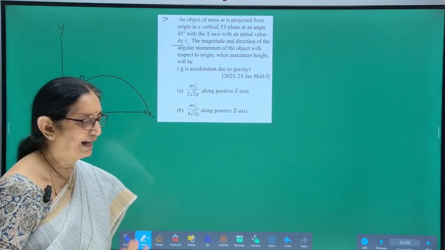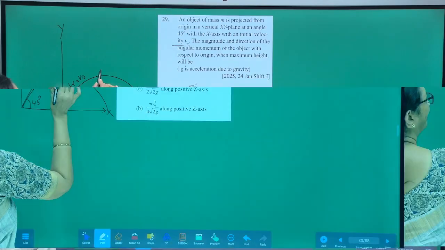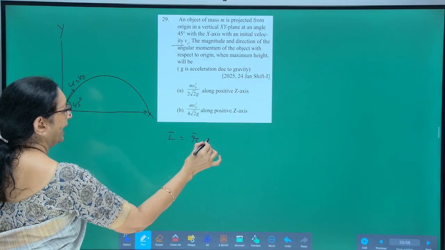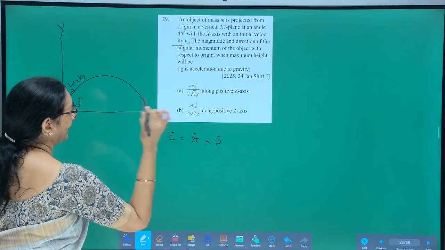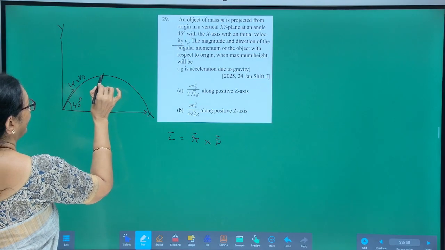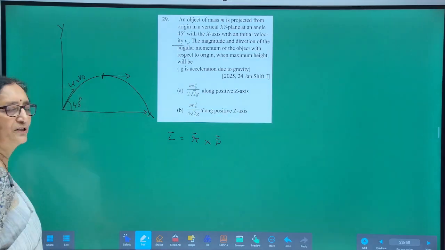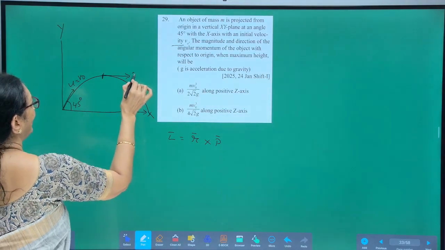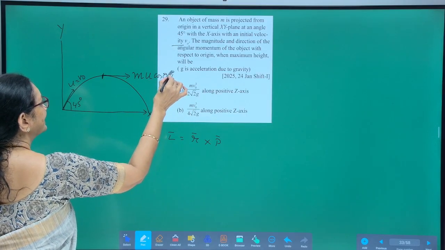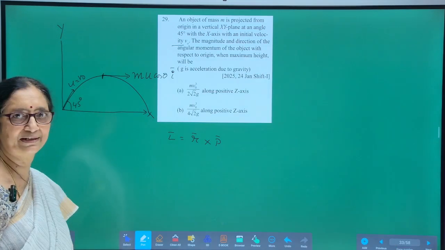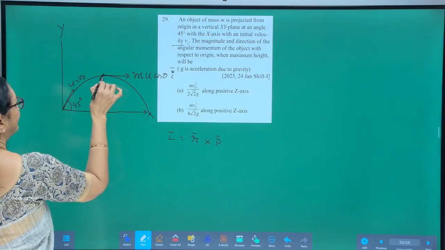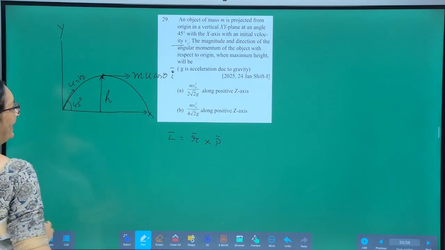maximum height. Look here. What is angular momentum? L bar is equal to R bar cross P bar. So, here P bar, let us see P bar here. Momentum of a projectile at the highest point is m u cos theta along positive x-axis in this reference. And here this is height along positive y-axis.